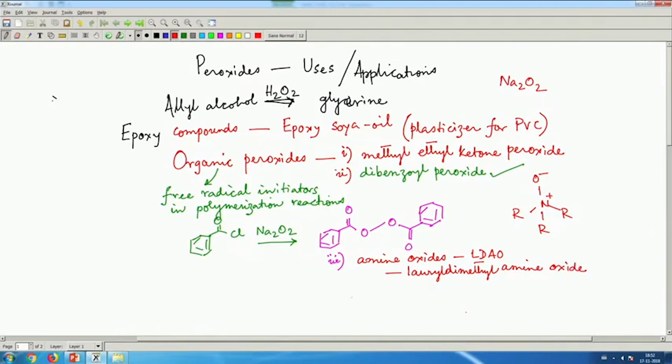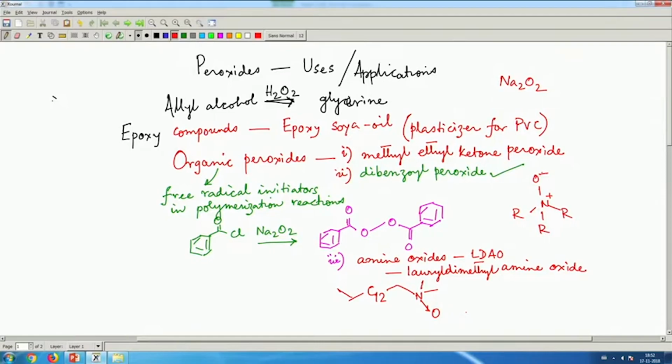It has a linear chain of C12, a long chain, the lauryl group C12, attached to a nitrogen having two methyl groups. So, dimethyl lauryl function, and then this nitrogen has N-oxide formation, with a charge separation: nitrogen having a positive charge and oxygen a negative charge.